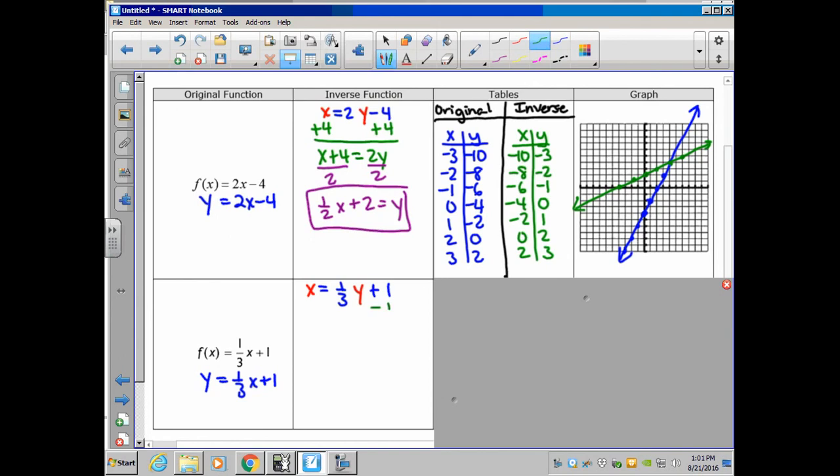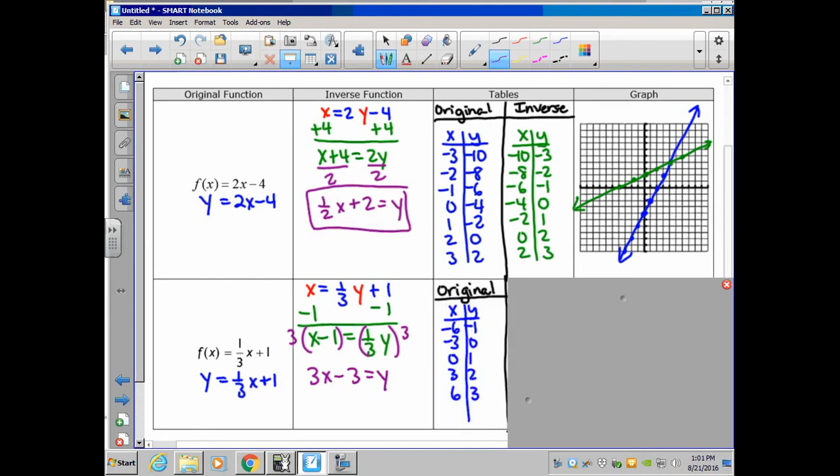So let me subtract 1 on both sides to get rid of it. Now I have to get rid of the 1/3, so I'm going to multiply by the reciprocal, which is 3, or 3 over 1. So I have 3x minus 3 is equal to y. If you like the y first, you could say y equals 3x minus 3.